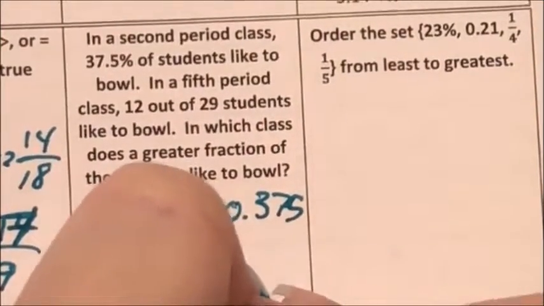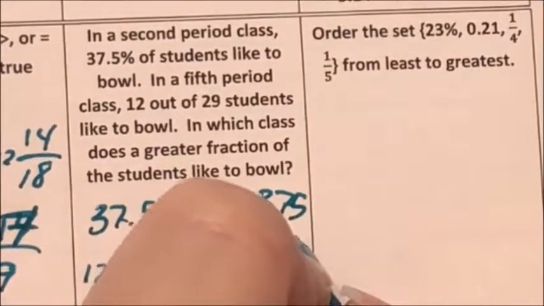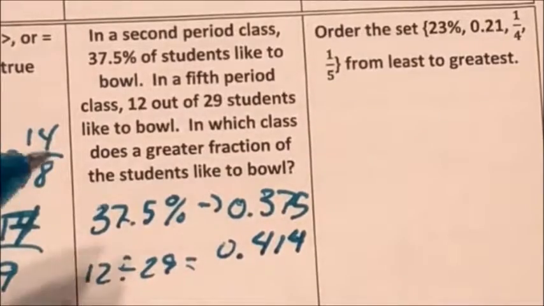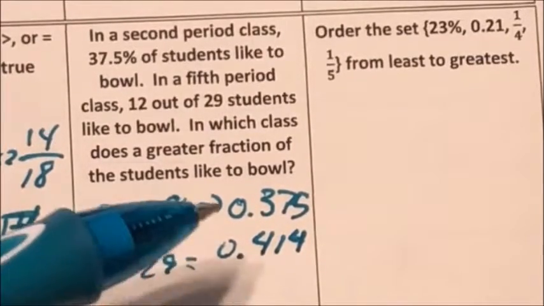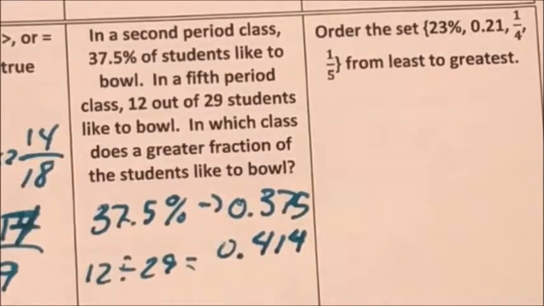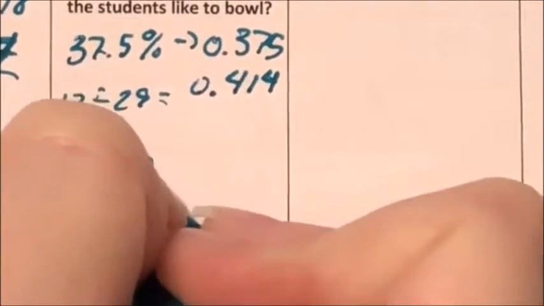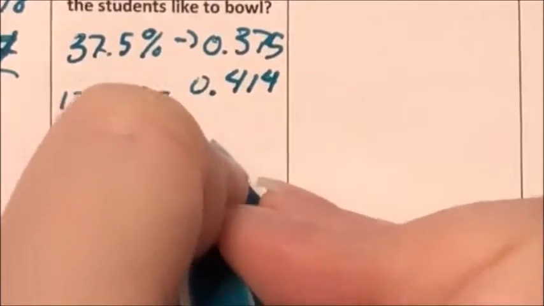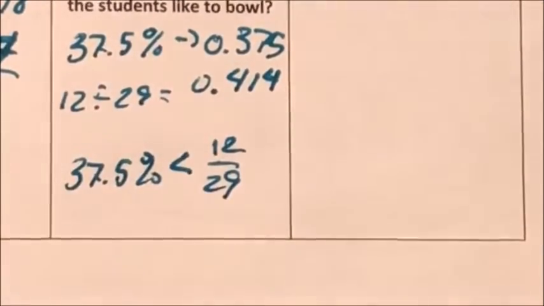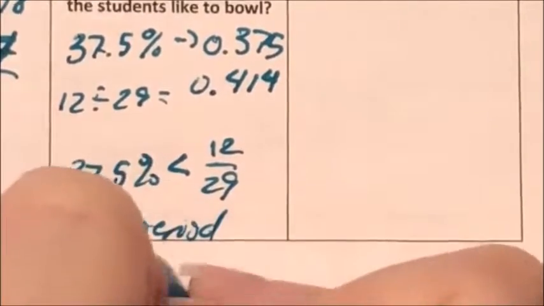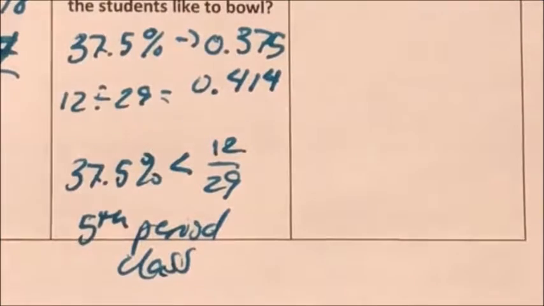I get 0.414. Okay, so I rounded. 0.414 is bigger than 0.375, which means 37.5% is less than 12/29. So the fifth period class had the greater percentage, greater fraction of students who like to bowl.